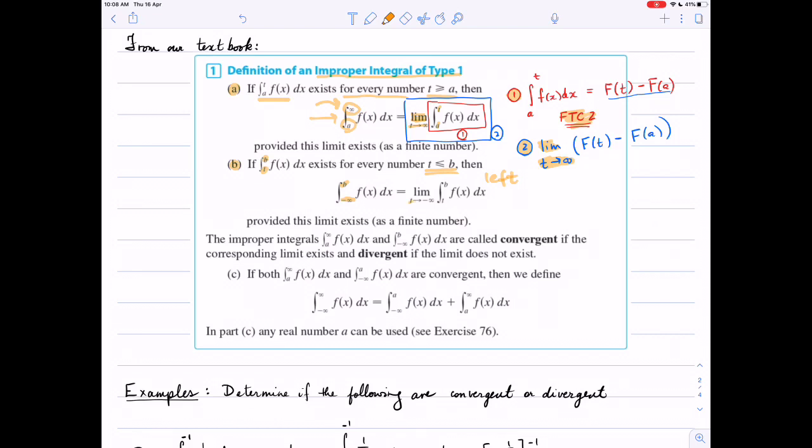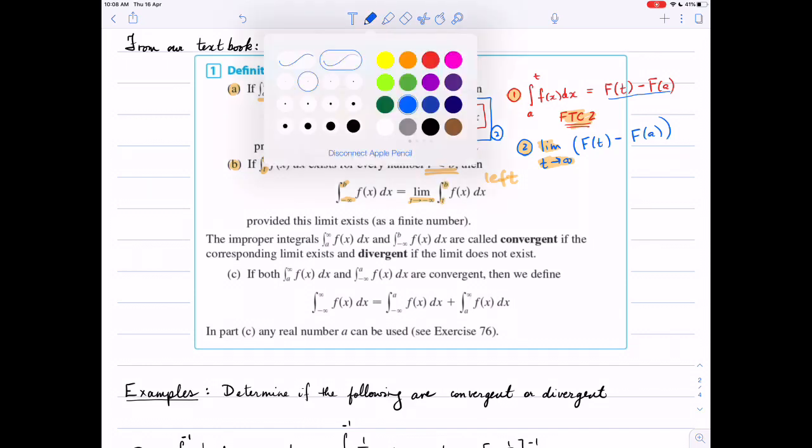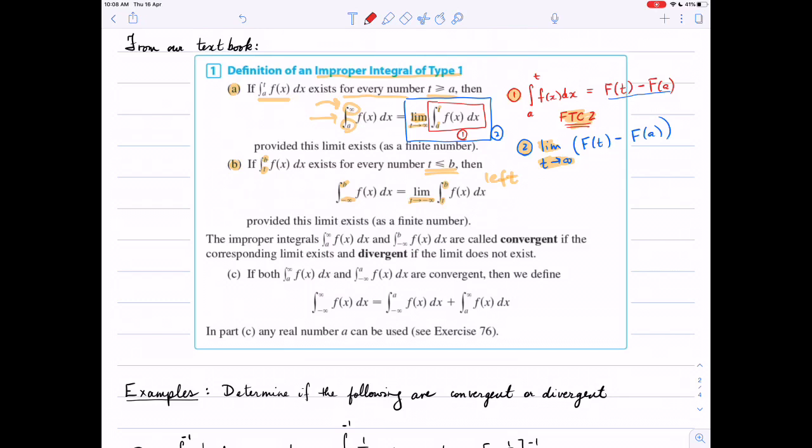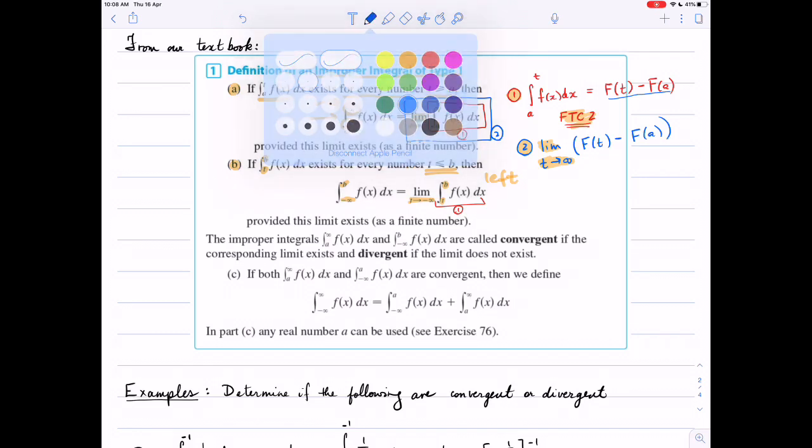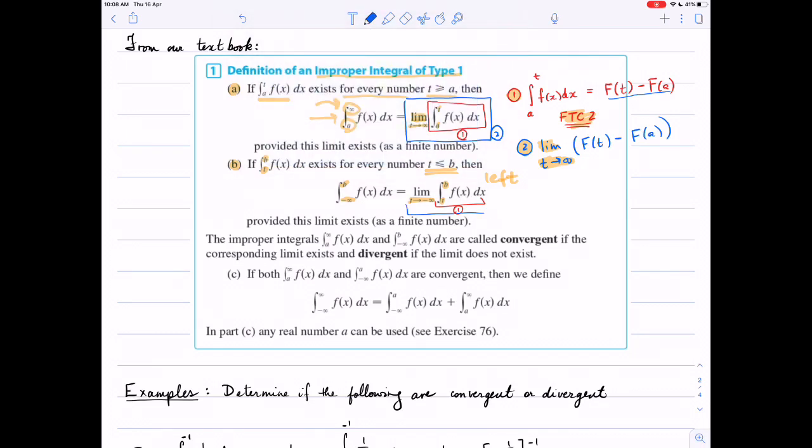So the limit as t goes to minus infinity of the integral from t to b of f of x dx, which again gives us a two-step process. Step 1, calculate the antiderivative and use FTC2. Step 2, take the limit exactly like we described for part A. There is a little vocabulary here to know.